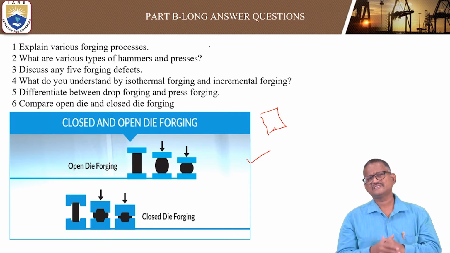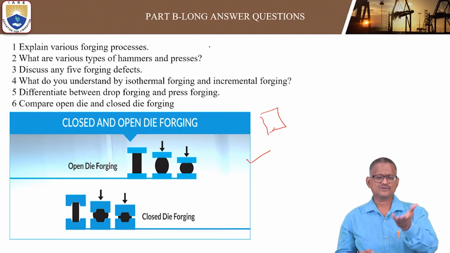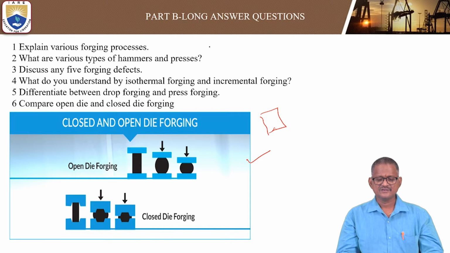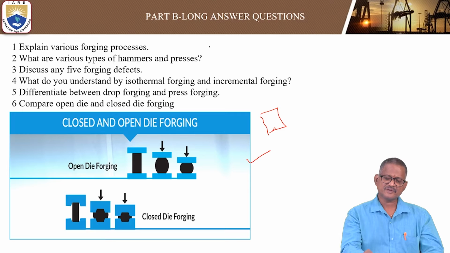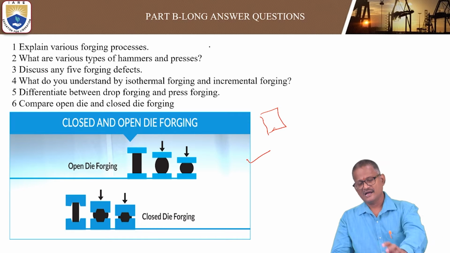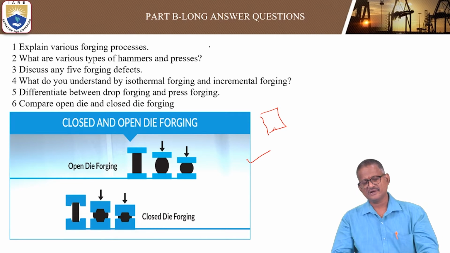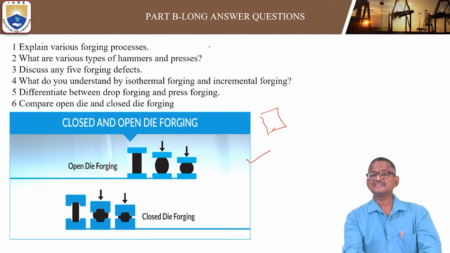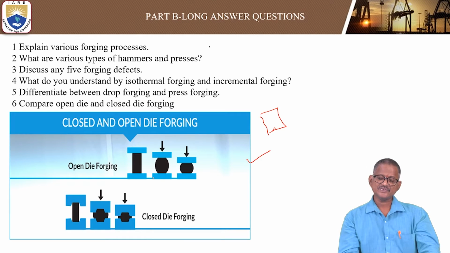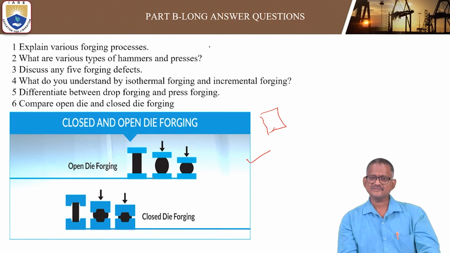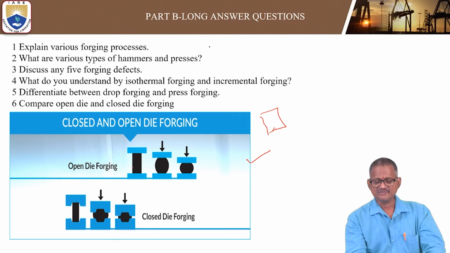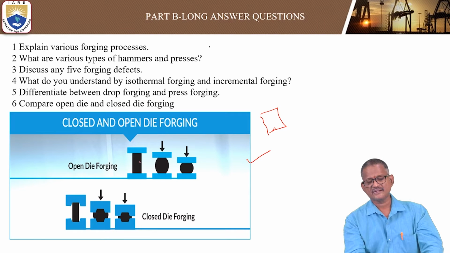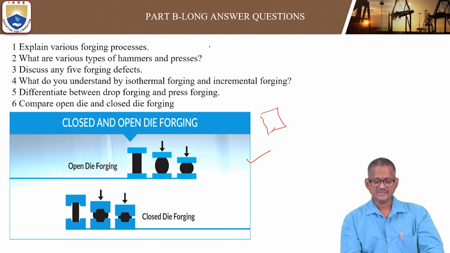Even the same we have discussed earlier, open die and closed die forging. First of all, for clearer concept identification I have drawn the three-dimensional figure, but in the examination you can write this simple line diagram. Here you represent the workpiece and how the rectangular shape is converted to semicircular and elliptical shape by applying pressure.